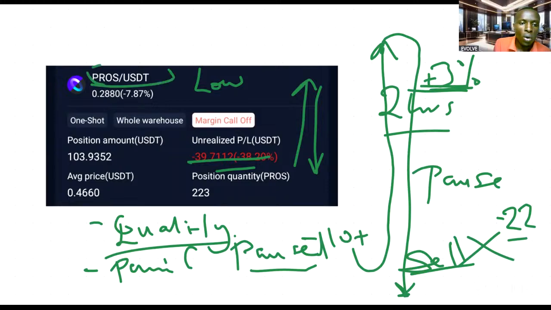So, mistake number one, I didn't check the quality of the coin. For those of us who like signals, I just entered the signal because I thought the one who sent the signal is an expert, and so it will prevent me from floating loss. Kaput.